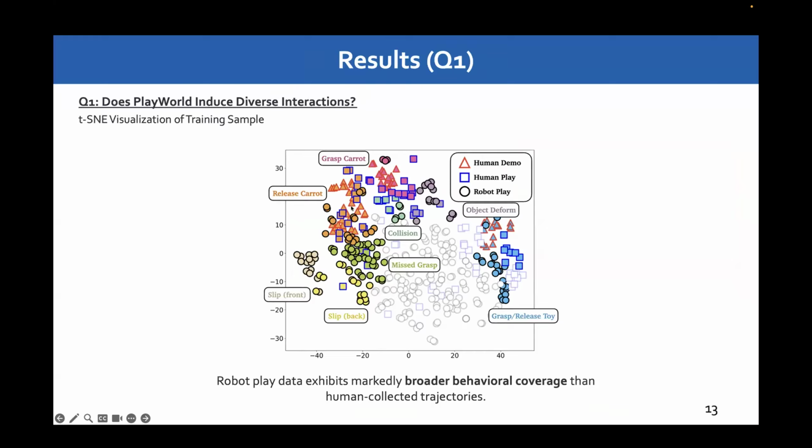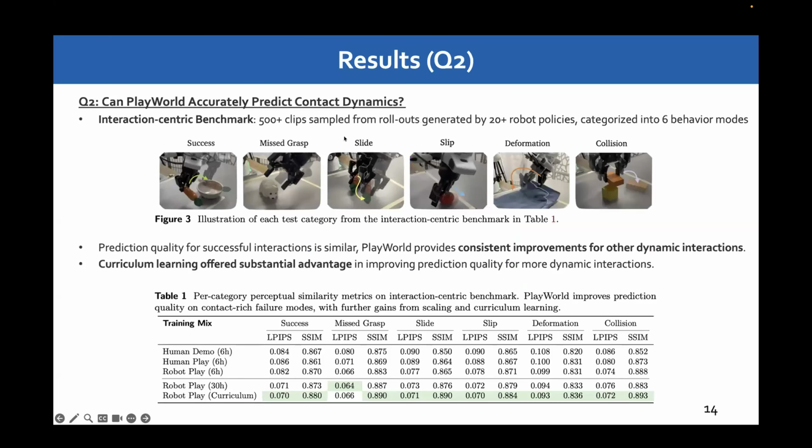In this embedding space, there are a lot more circles spread out compared to the triangles and squares. This shows that the robot play data has a broader behavioral coverage than human collected trajectories. So yes, it does induce more diverse interactions.